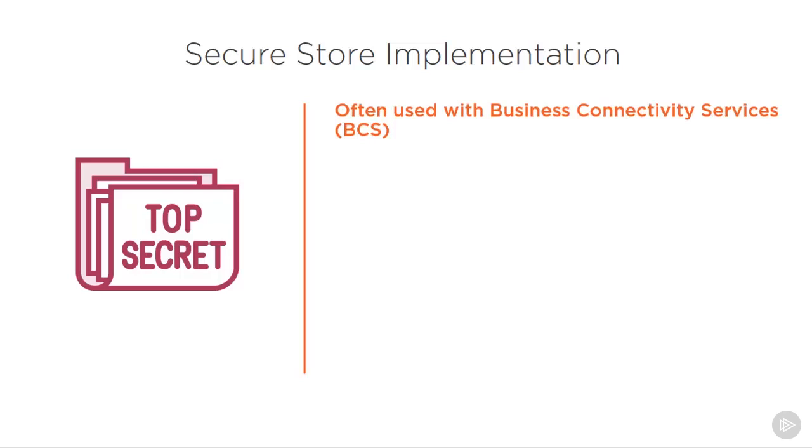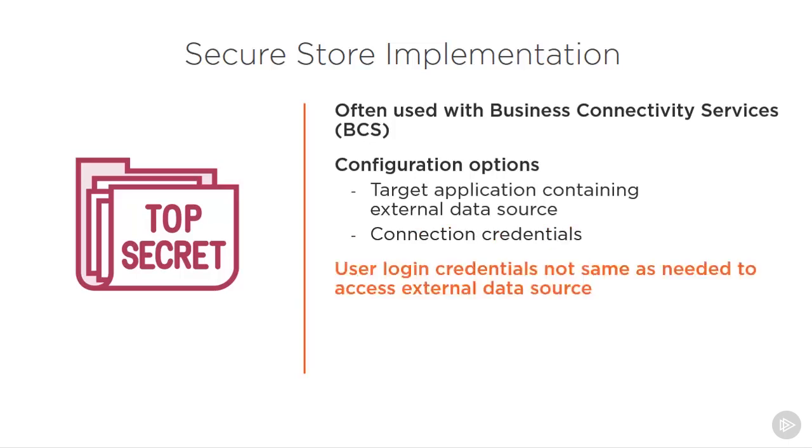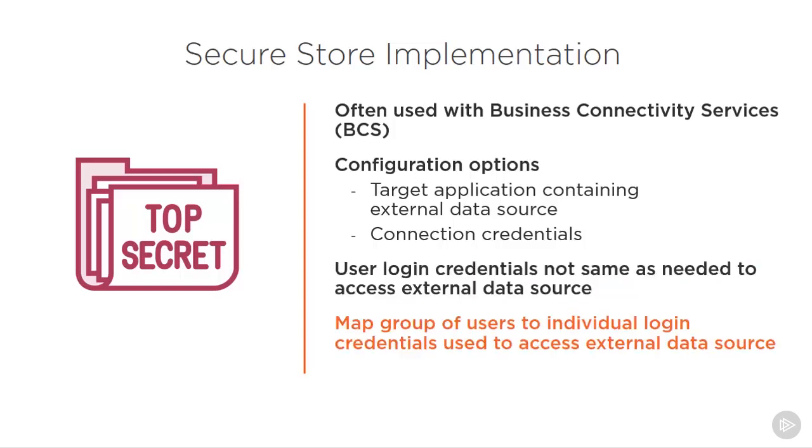The BCS is used to establish a connection to that external data source, where the Secure Store service is used to store these credentials. So what we do with the Secure Store is we configure two things. We configure the target application containing the external data source, and we configure the connection credentials so all 200 users can use those credentials to access that content that's remote. The user's login credentials that they use to log in to SharePoint are not going to be the same ones that are going to be used to access that external data source.